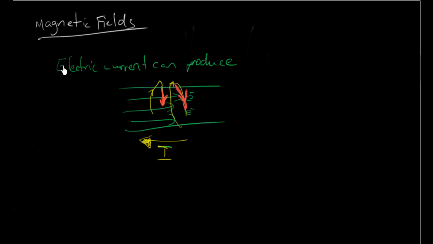And so this is important to know, that the electric currents can produce magnetic fields. So hopefully you know that. And so a lot of electrical appliances use these, the fact that magnetic fields are created by electric currents.